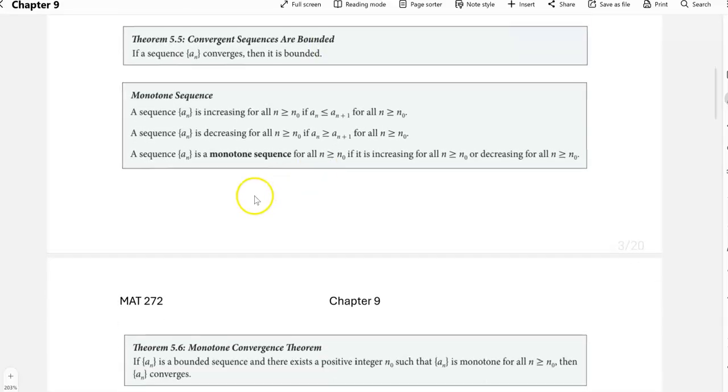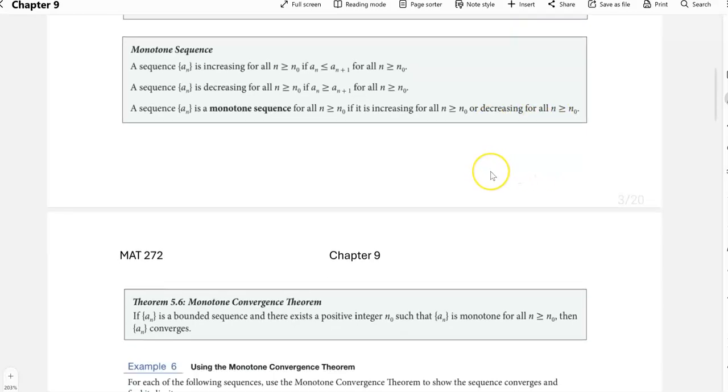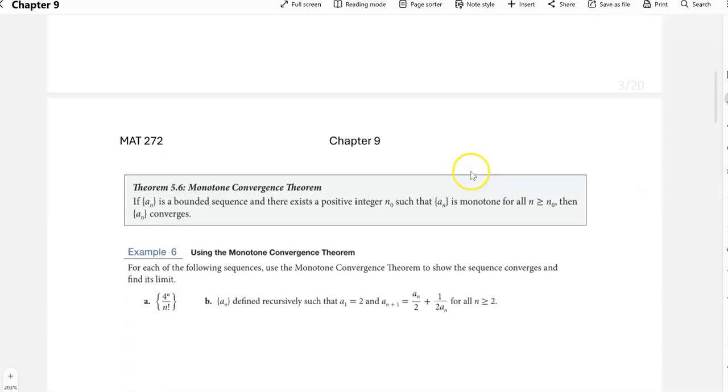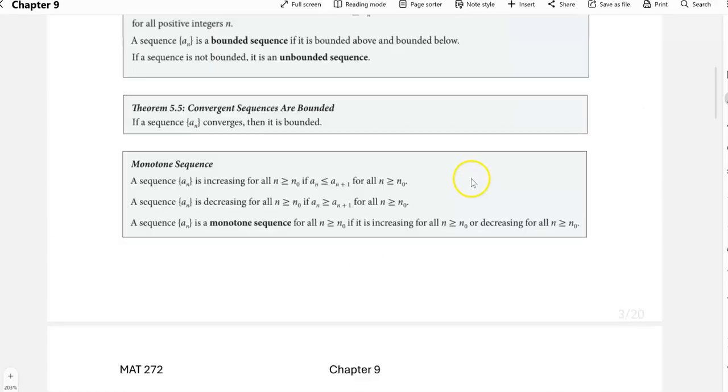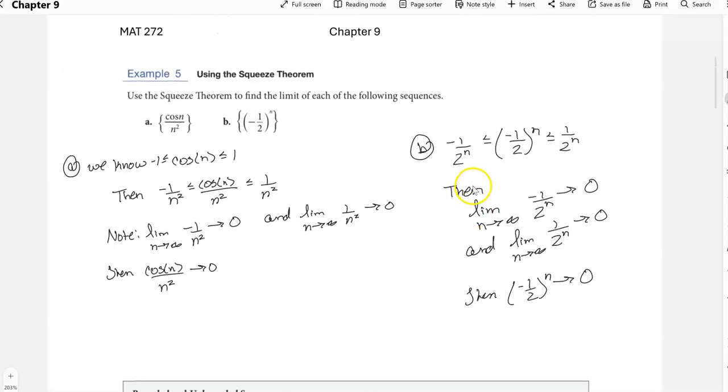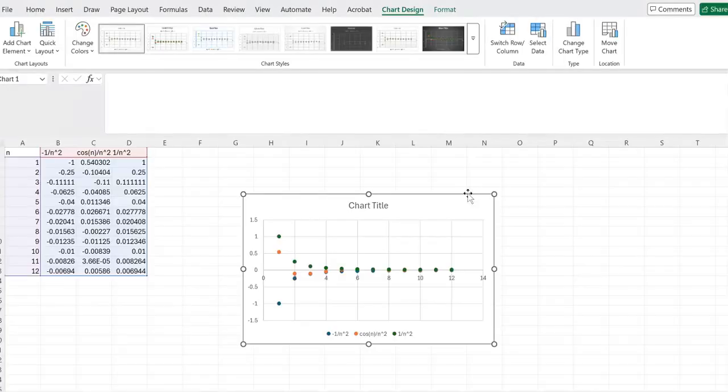And then we could talk about what monotone means. A monotone sequence is one that is increasing or staying the same, or decreasing or staying the same. So everything's doing one thing. It's either always going up or it's always going down. If we were to look at these examples here, I'm going to go back to my Excel spreadsheet.